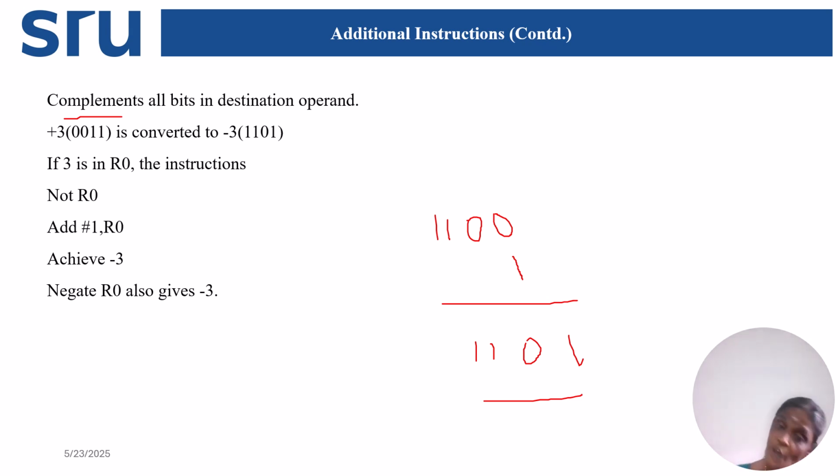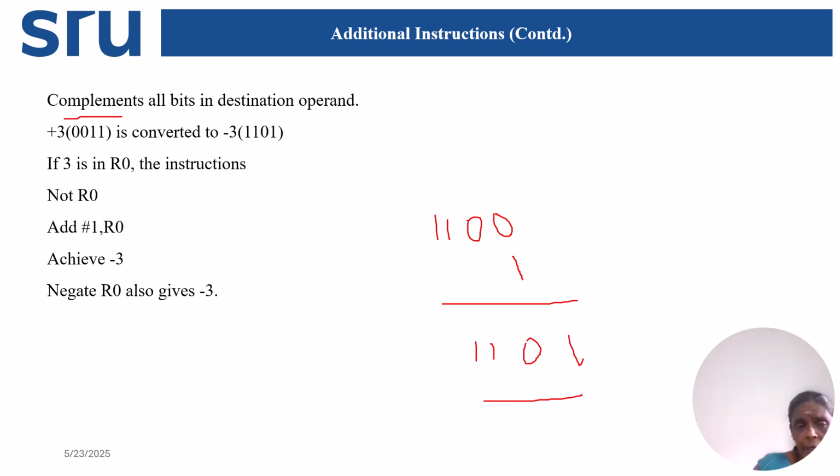But some other way also we can do. How? ADD #1, R0. Here R0 is having 3, and then add 1.